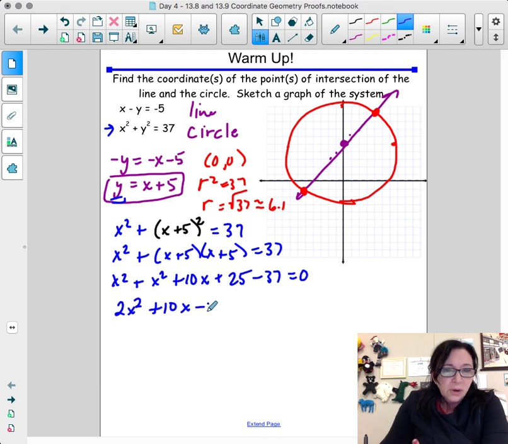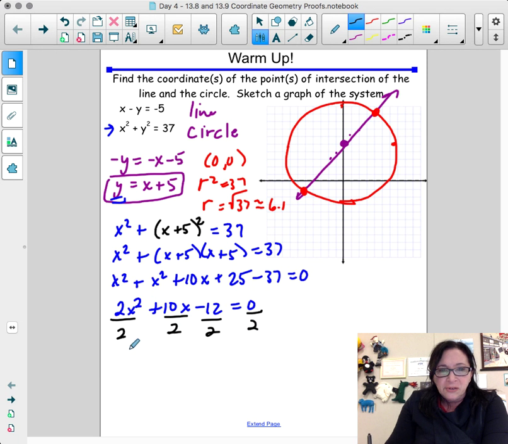So subtract 12 is equal to 0. I do notice that all 3 of my terms are divisible by 2. So to make life a little bit more simple, I'm going to divide everything by 2. And in doing that, I get x squared plus 5x minus 6 is equal to 0.